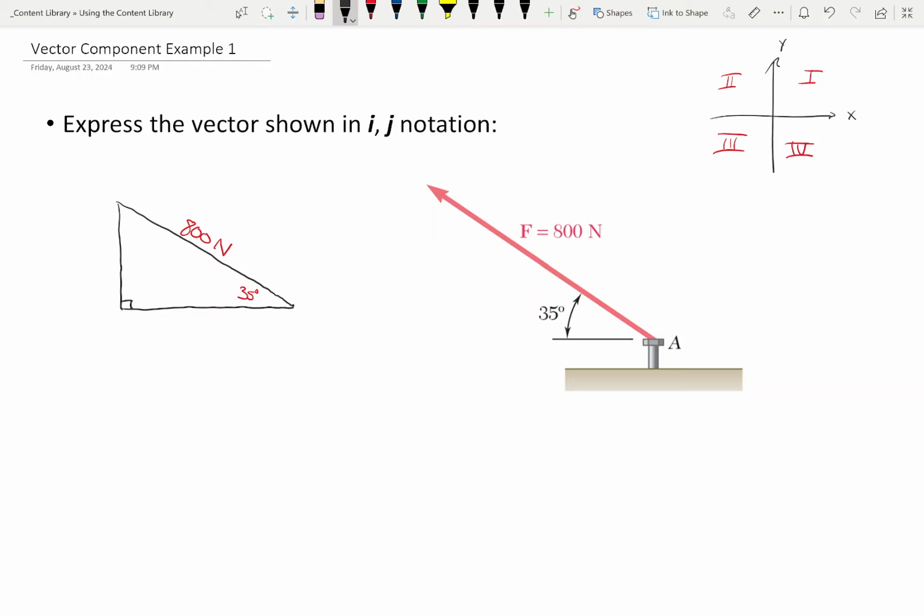Exactly right, 800 cosine 35. So we'll call this Fx, and let's call this Fy. So Fx equals 800 newtons cosine 35 degrees. What is the answer here?